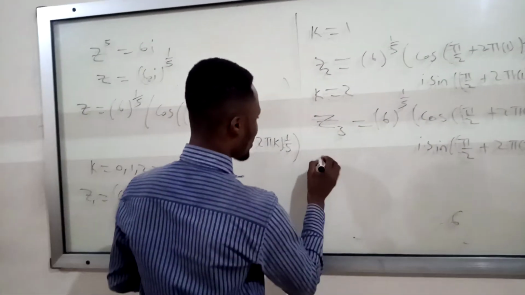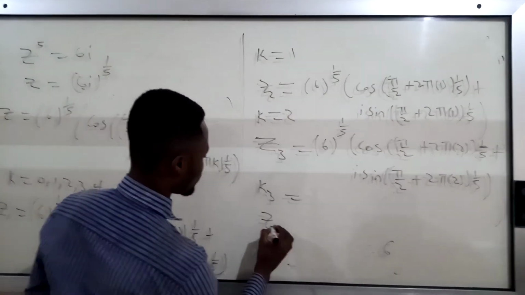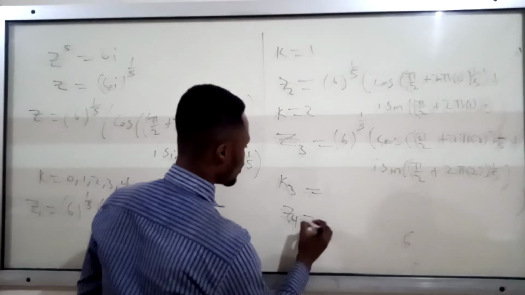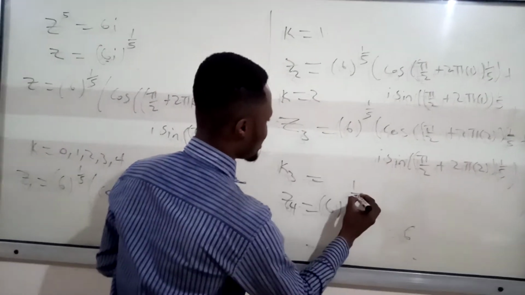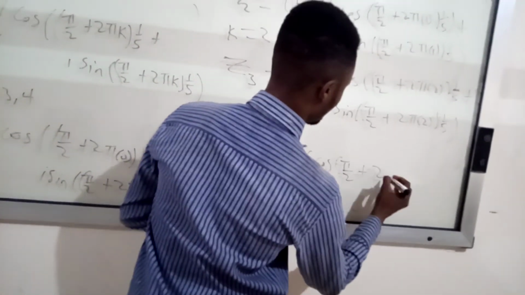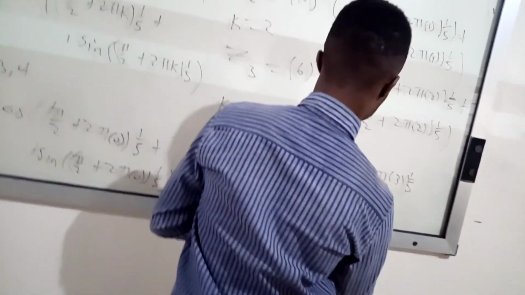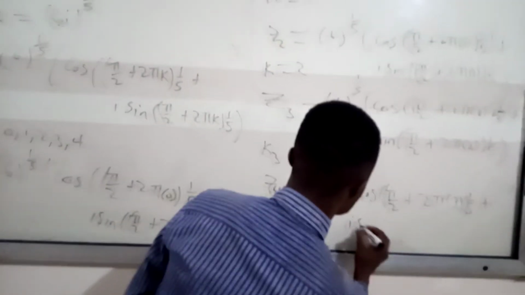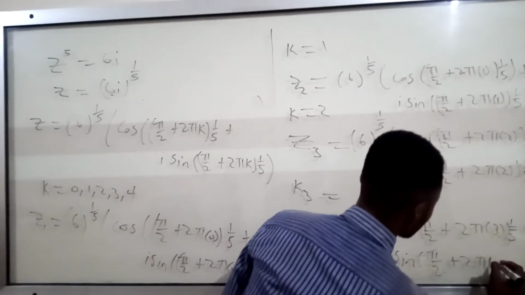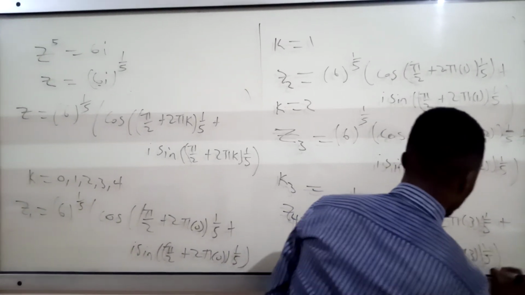Then when k is equal to 3, we have Z4, which is equal to 6 raised to the power 1 over 5, cos of pi on 2 plus 2 pi times 3, times 1 over 5, plus i sin of pi on 2 plus 2 pi times 3, times this.